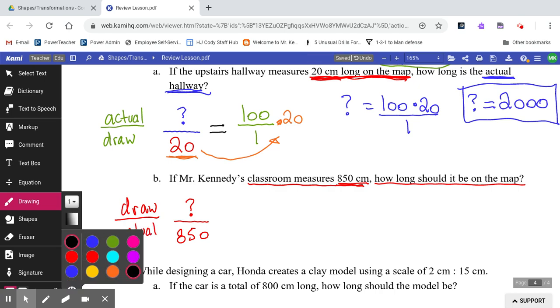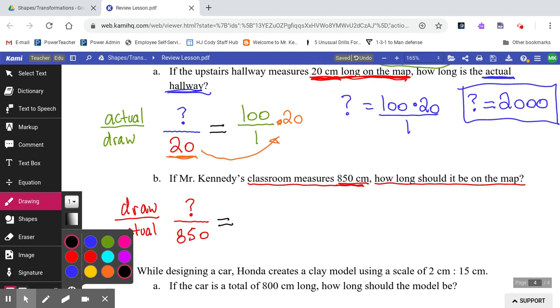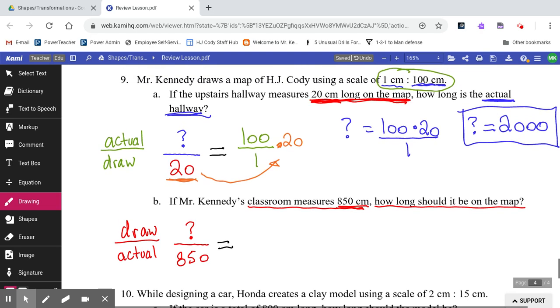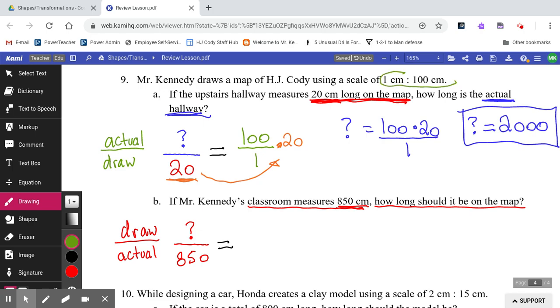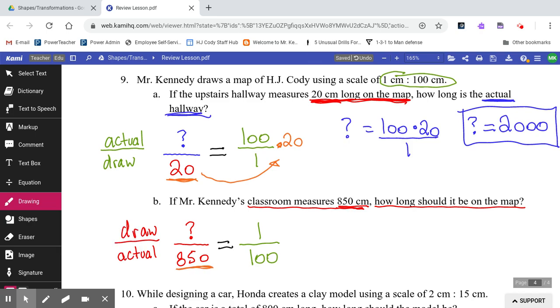That means I need to make it equal to and use that same format, but using my ratio. So I want to do my drawing divided by my actual. So 1 to 100. The drawing is 1 centimeter. The actual is 100 centimeters. Once I have my ratio set up, I just take the bottom number and I multiply it up here.